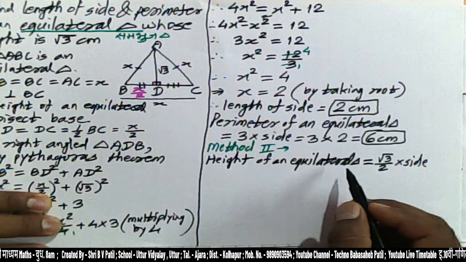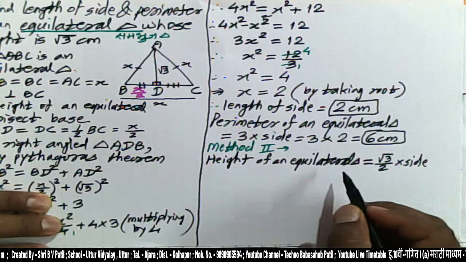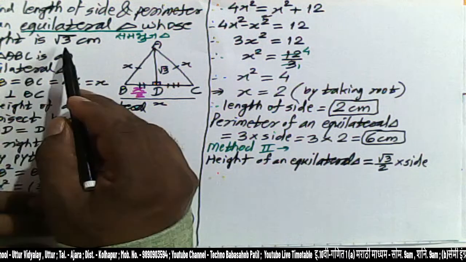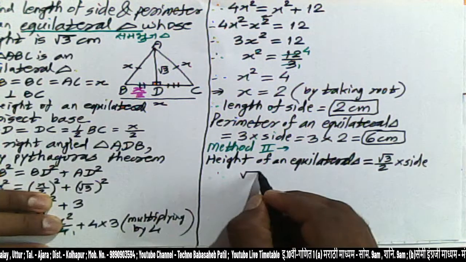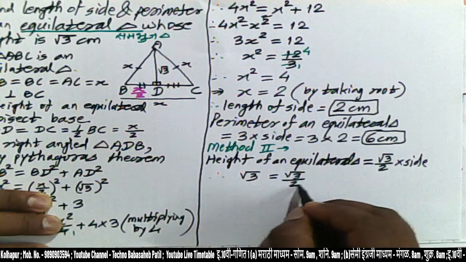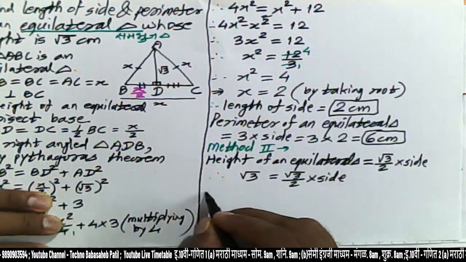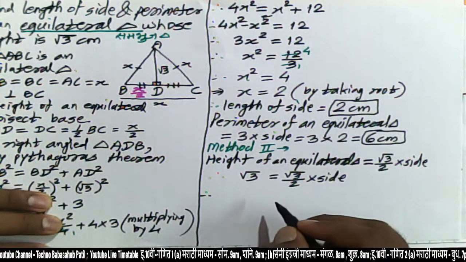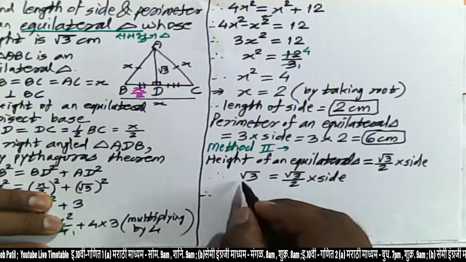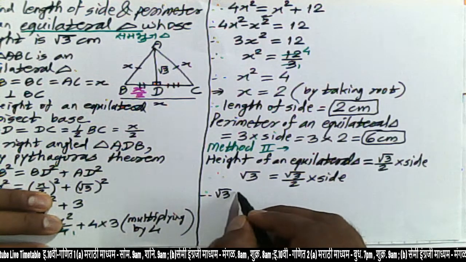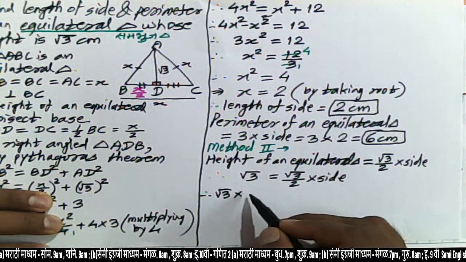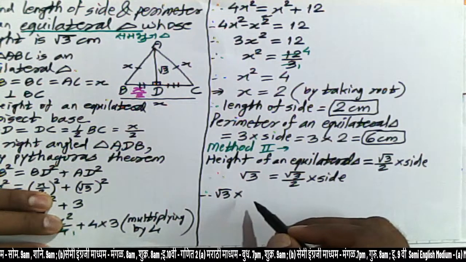Therefore, height is given. Height is root 3. Root 3 is equal to root 3 divided by 2 into side. Therefore, what is the next term? That is root 3 into root 3 upon 2 taking on LHS side.